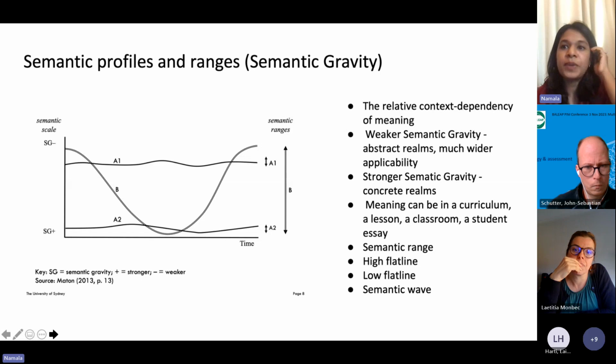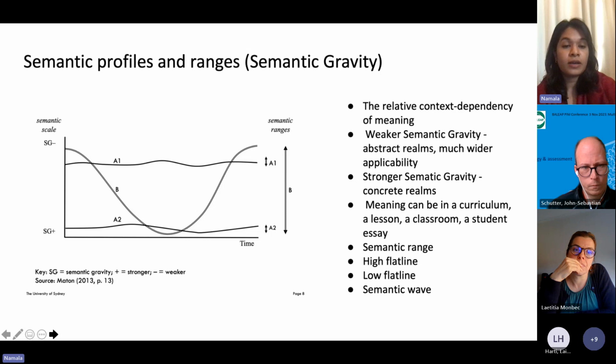Very briefly, to go through this aspect of the theory, what we see here in terms of semantic gravity is how we can map the concept of context dependency. So how tied is something to the concrete, to concreteness and the context, or how abstract is it? SG minus shows you abstraction, SG plus shows you concreteness.